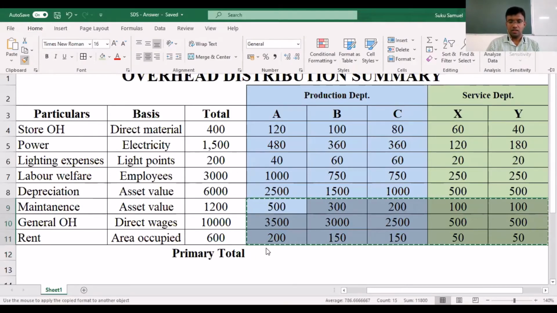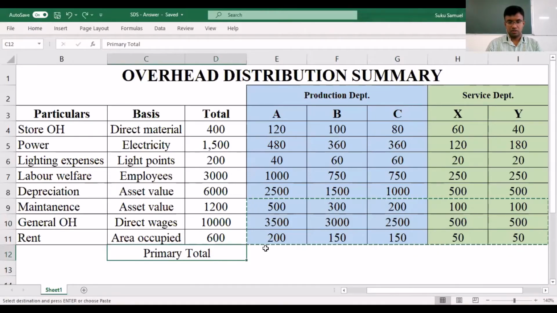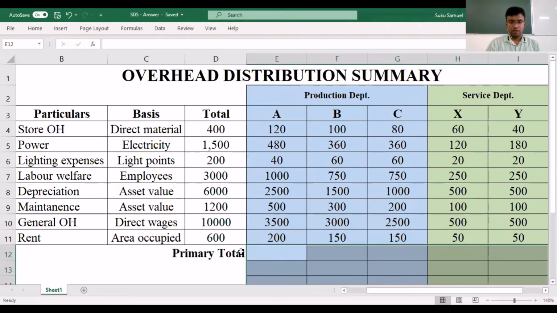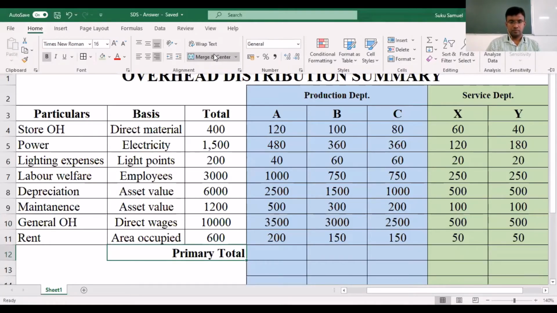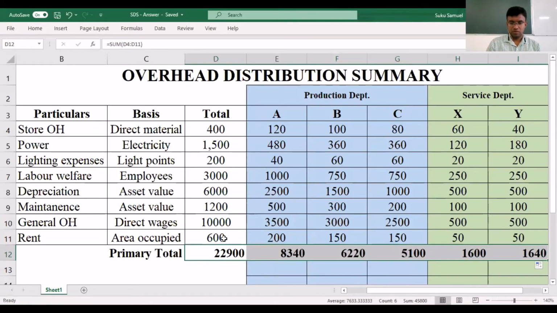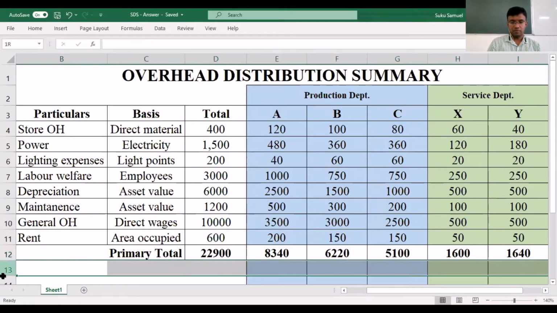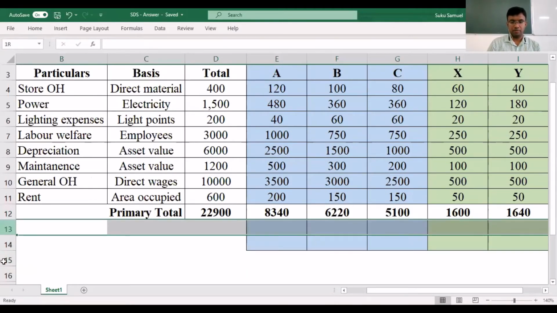Let's quickly total up all this. So this is the total in terms of the primary distribution summary.